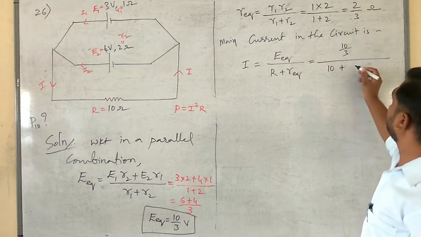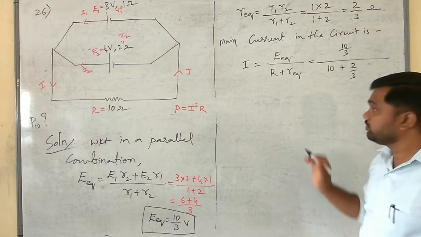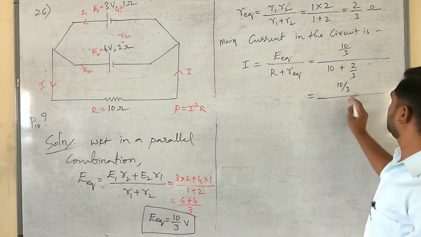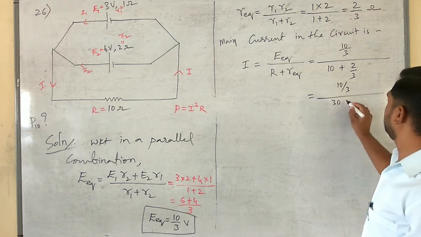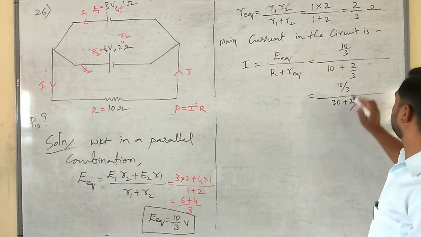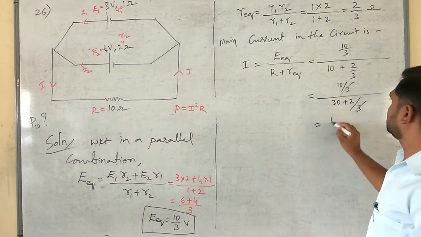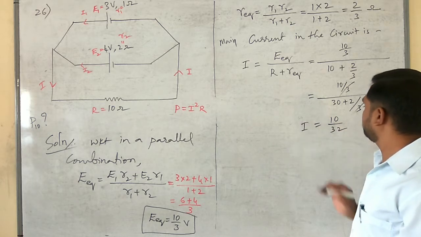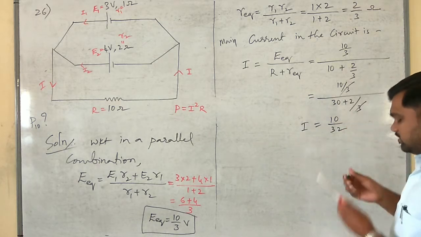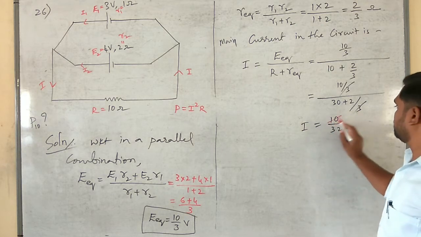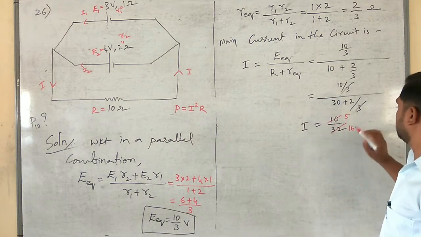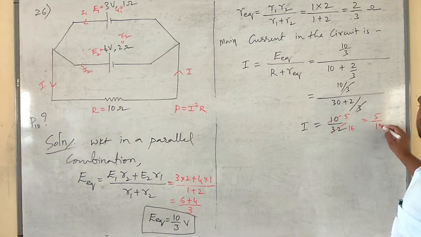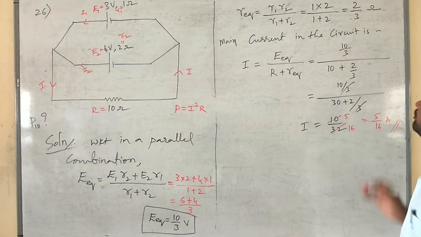What is small r equivalent? 2 by 3. On solving this, 10 by 3 divided by 10 into 3, 30 plus 2 by 3. 3 cancels. So 10 divided by 32. This is I. On solving this, 2 5s are 10, 2 16s are 32, that is 5 divided by 16 ampere.